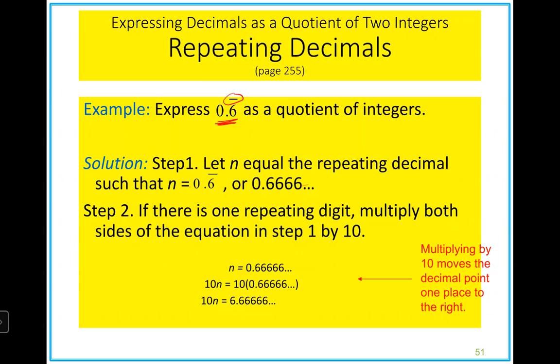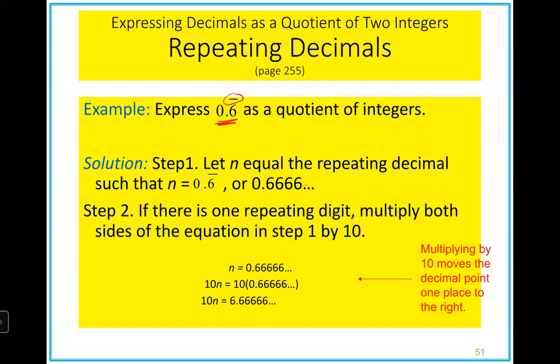So that's the first step: you choose a variable to represent the repeating decimal.